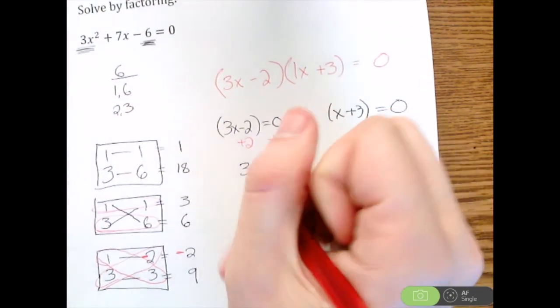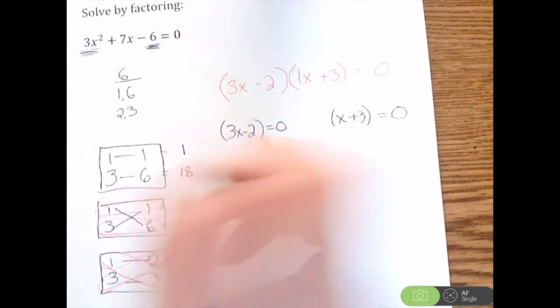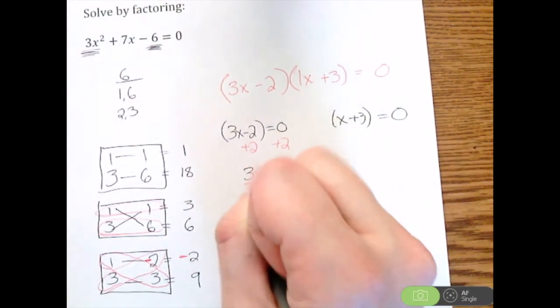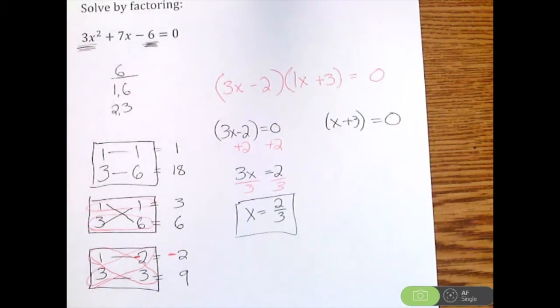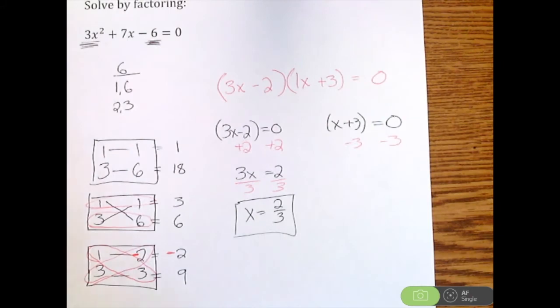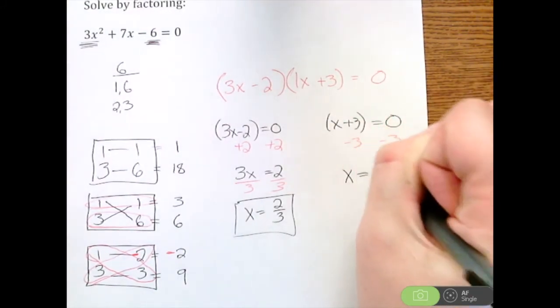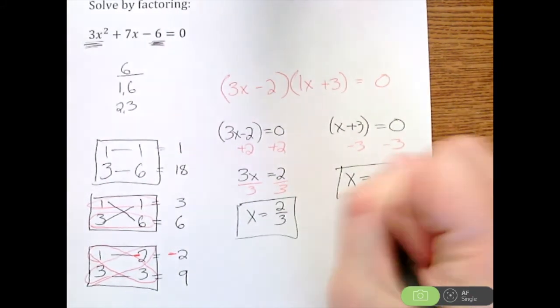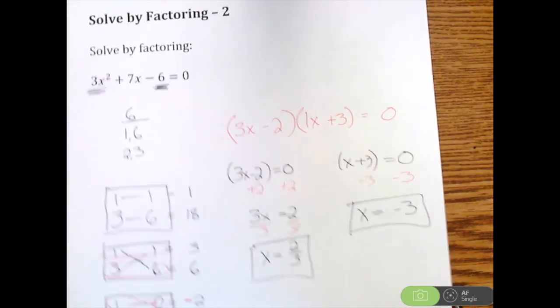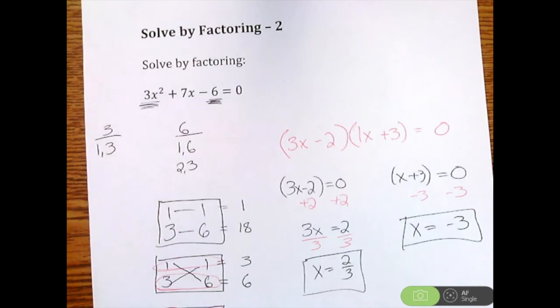I still have to get x by itself, so I divide by 3, and x equals 2/3. There's one of my solutions. On the right one, x plus 3, I subtract 3, and x equals -3. So there are my two solutions, and that was solving by factoring 2.